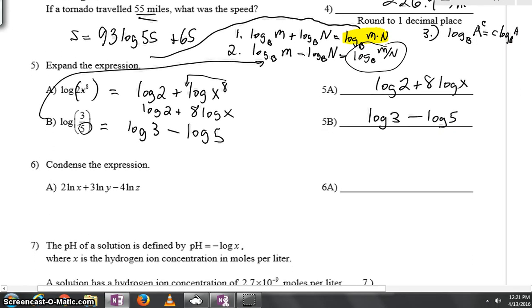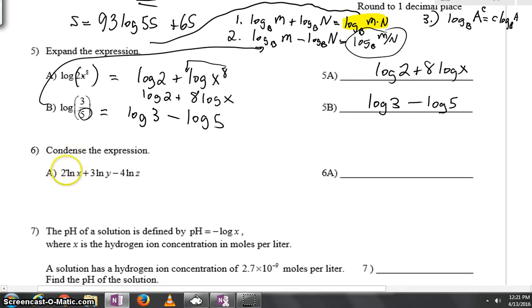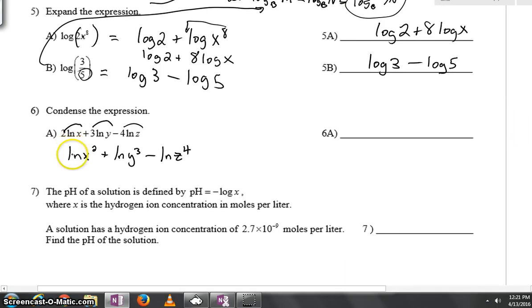Taking a look at number 6, we're going to raise up our powers, and we'll have natural log of x squared plus the natural log of y to the third minus the natural log of z to the fourth. Now, if you'd like, you could condense all of this all at once. In fact, what you can do is notice that I have two positive terms and then this one negative.